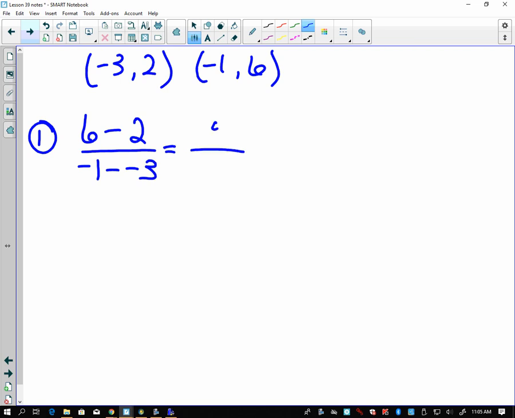That's giving me 4 over -1 plus 3, giving me 2, which means perpendicular now is -1/2. Okay, bisector. How do I apply the bisector?